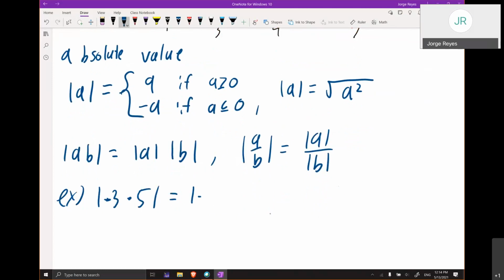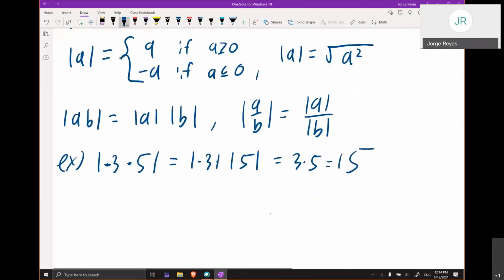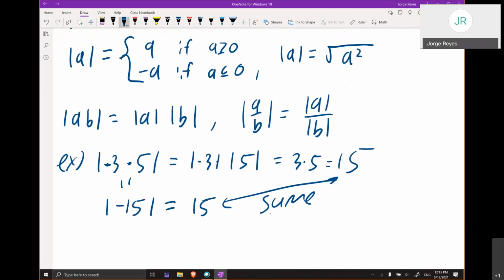If I split them, I get absolute value of -3 times absolute value of 5, which is 3 times 5, which equals 15. But if I multiply first, I get -15, and then I take the absolute value, and I get 15. And ta-da, they're the same. So it works. Just a useful fact.